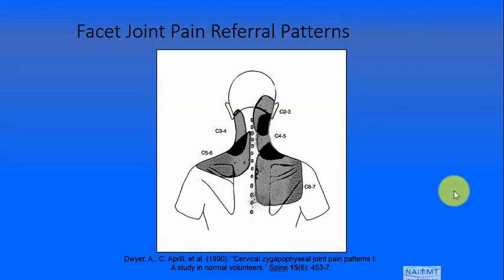The reason for this is both the disc and the facet joint at any particular level come from the exact same embryologic level and therefore refer pain within a very similar or identical distribution. There is no way clinically, based upon a pain referral pattern, that we can identify the difference between disc referral and facet referral of pain.